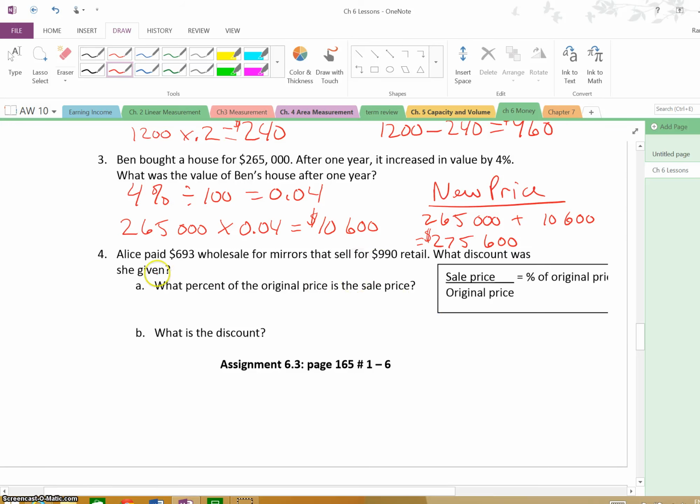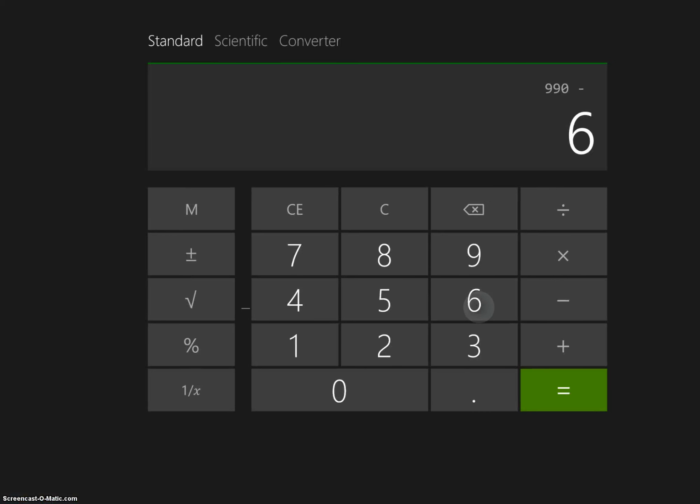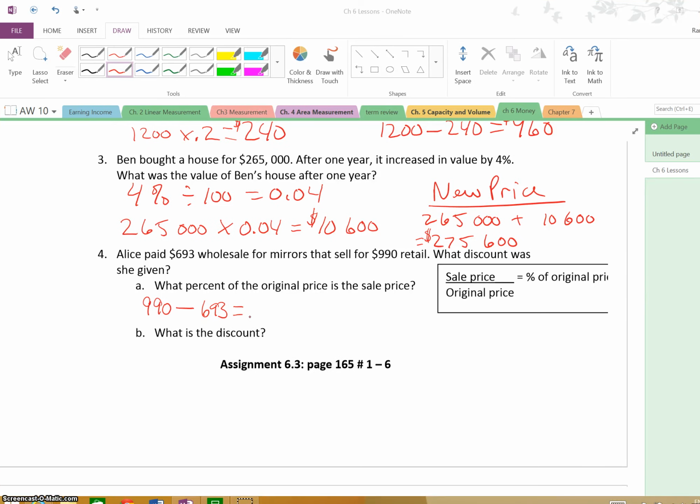So I'm going to take the $990 and subtract from that 693. So 990 minus 693 is 297. So she's making a profit of $297.